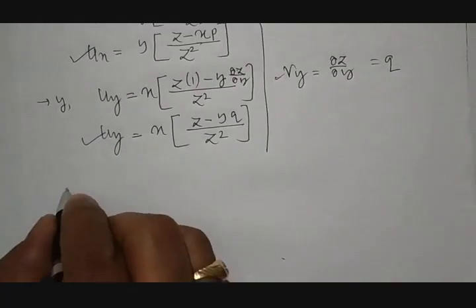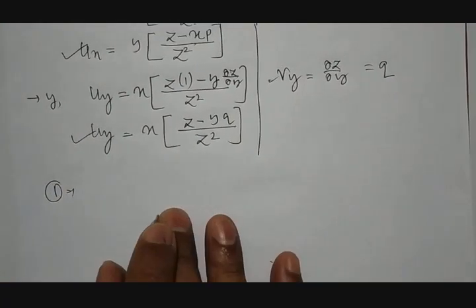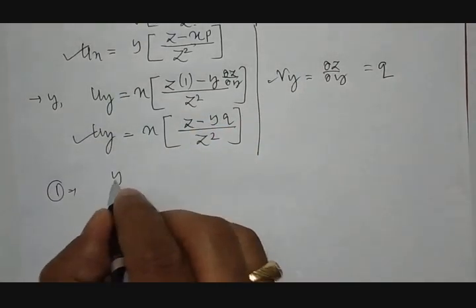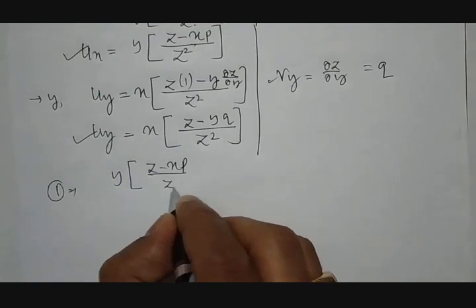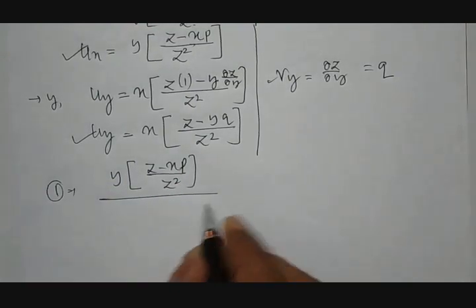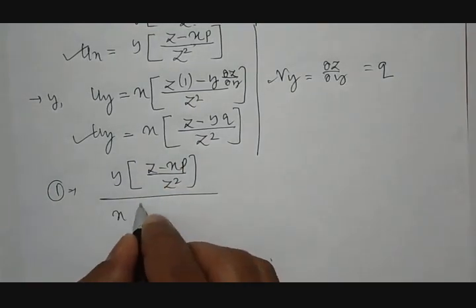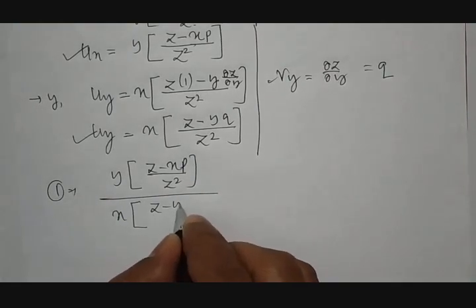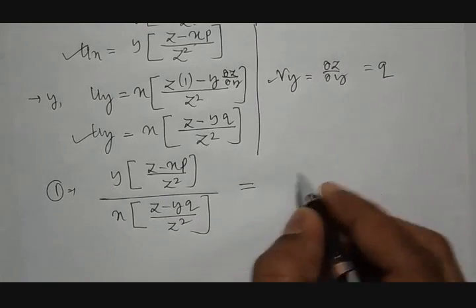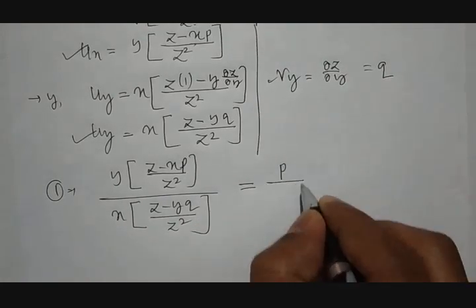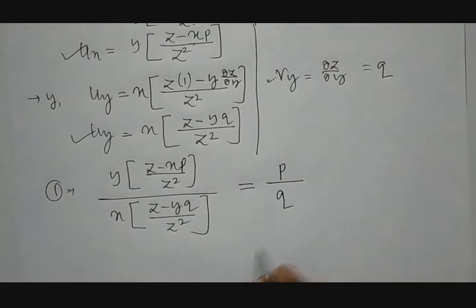Then ux is y into z minus xp divided by z square, divided by uy which is x into z minus yq divided by z square, which is equal to vx is p and vy is q.